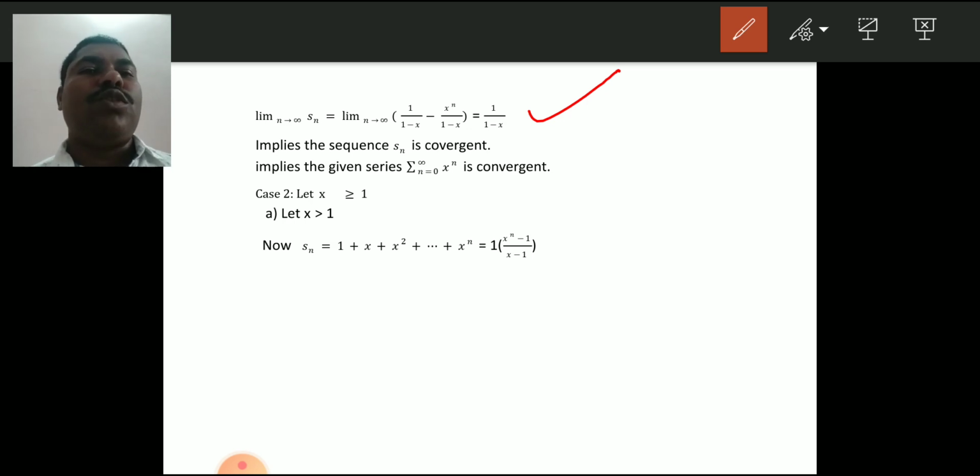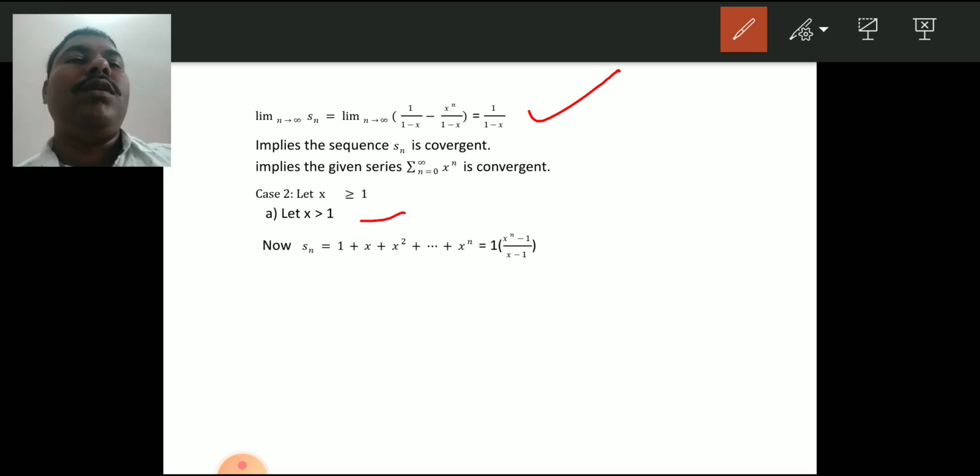Then case 2, let x be greater than or equal to 1. In that, first we have x greater than 1. Now Sn is equal to 1 plus x plus x square up to x raised to n minus 1. Here the first term is 1 and the common ratio is x, and x is greater than 1.